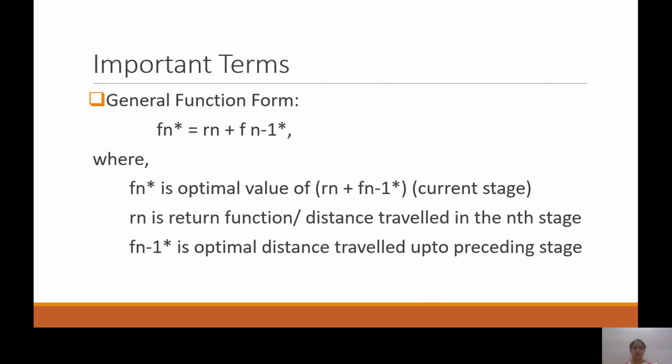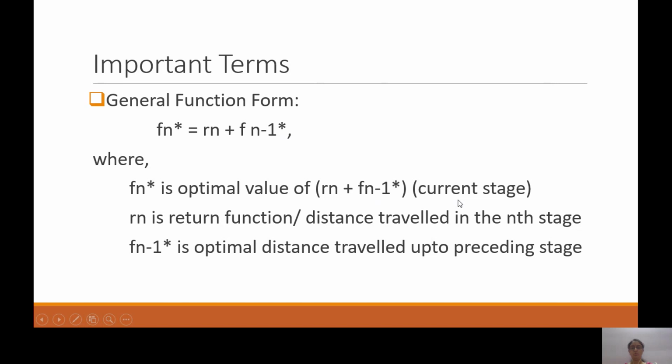This is the recursive equation that you see in front of you on the screen. This is the standard form of recursive equation. So Fn star is Rn plus Fn minus 1 star. Here Fn star is the optimum value of the current stage.